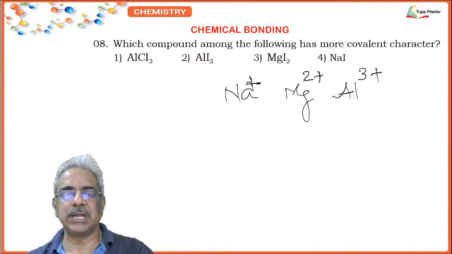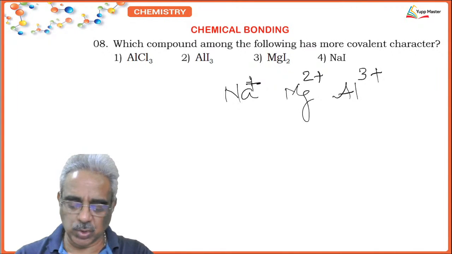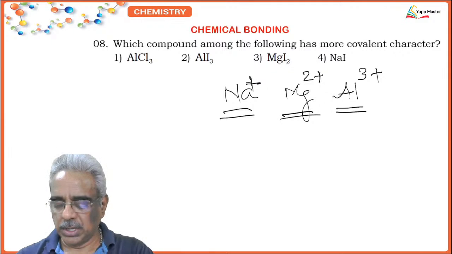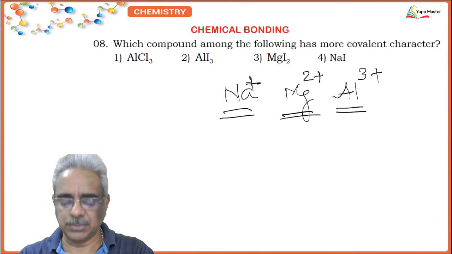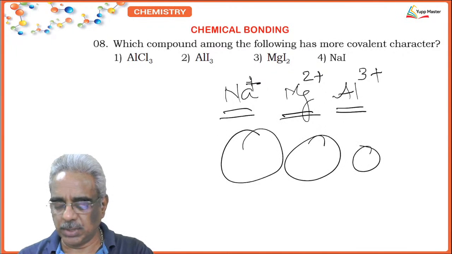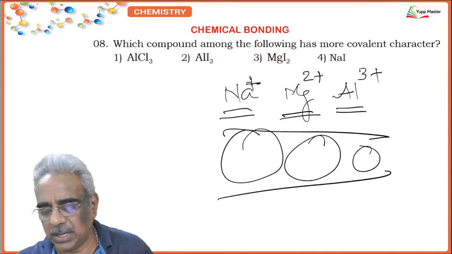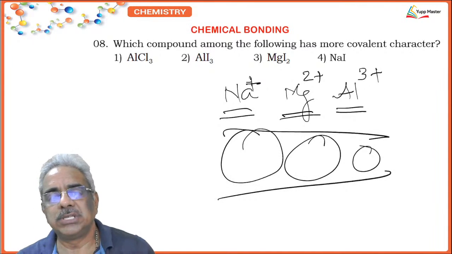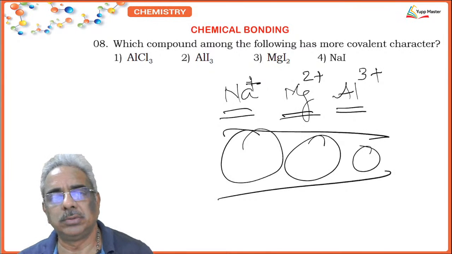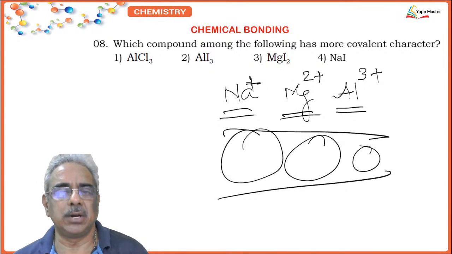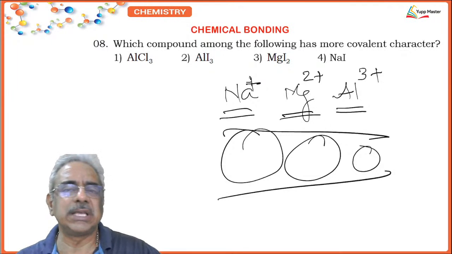Okay, first let us analyze the cations. Among sodium, magnesium and aluminium, as I told you many times, going from sodium to magnesium to aluminium, atomic size itself will decrease. Aluminium being a more charged cation, it will shrink down still further. So aluminium 3 plus is the least sized ion.